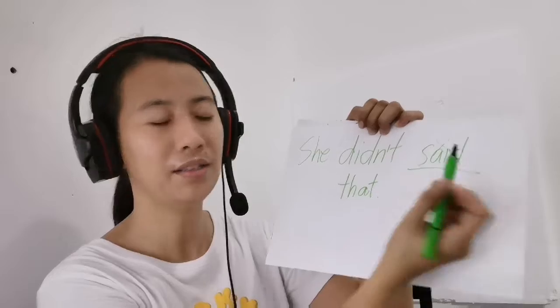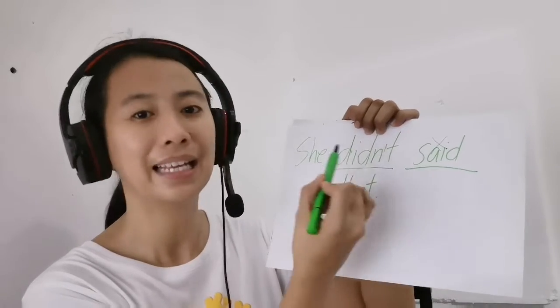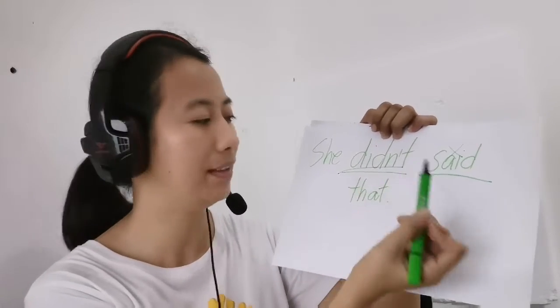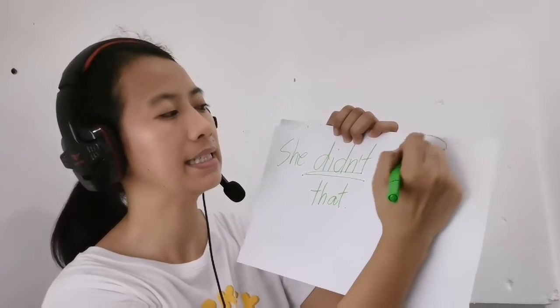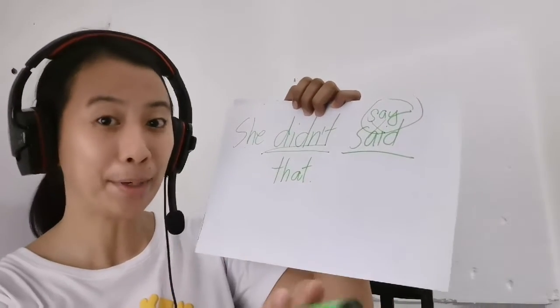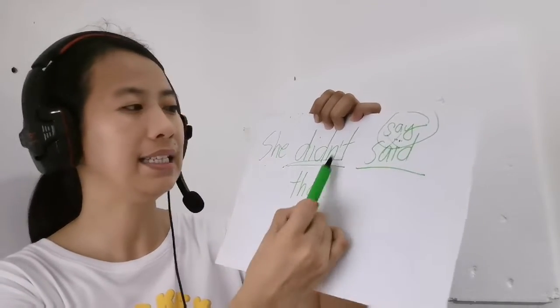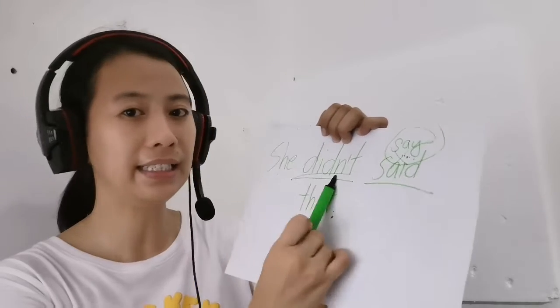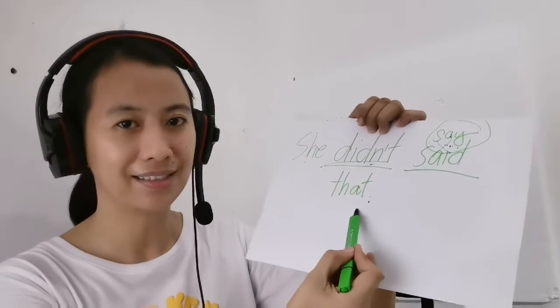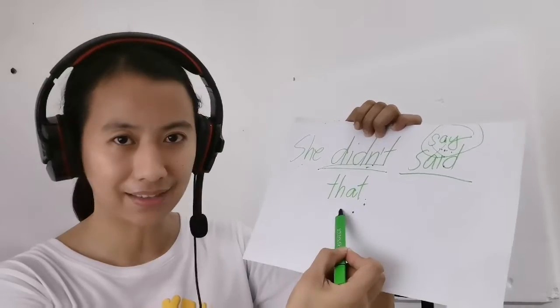This one is wrong because the tense of the verb is already in the helping verb did. So this must be "say." Remember, base form of the verb. "She didn't say that." Or "She didn't eat that." "She didn't write that."